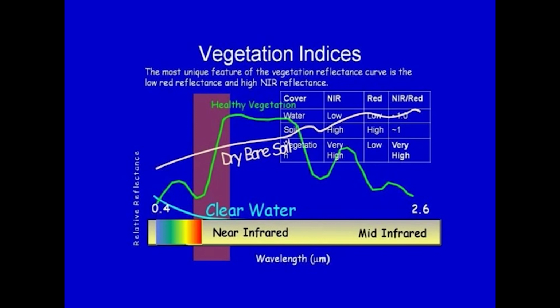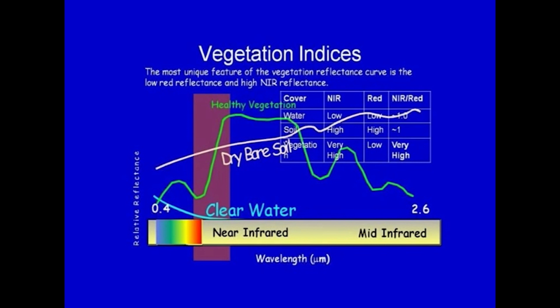Similarly, for soil, in the near infrared region the reflectance is high, while in the red region also the reflectance is high. Again, when we take the division of these two bands, the value is close to 1.